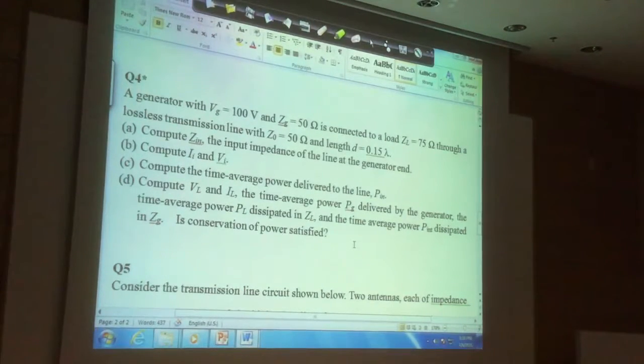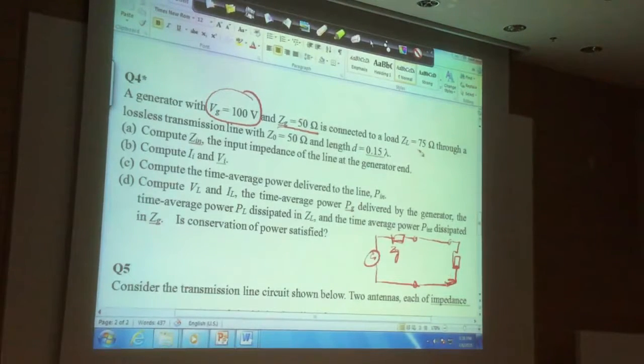Then this question, a generator, this is very classical equation, okay? We mentioned it many times, quite a few times. Now, VG is source, source impedance, right? Length of transmission line, then the load, right?